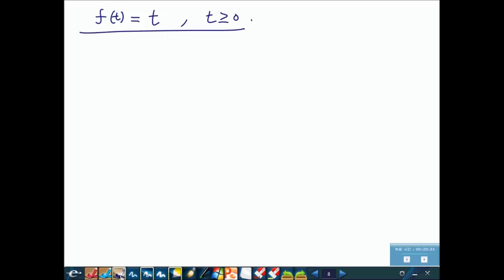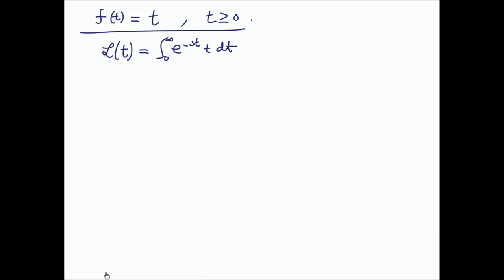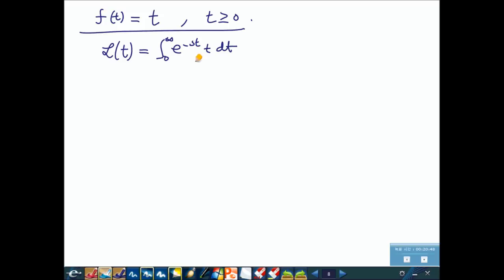All right, let's solve it together. The Laplace transform of the function t is the integral from 0 to infinity of e to the minus st times t dt. Right? So you need integration by parts. Let's say this is u, this is v prime.